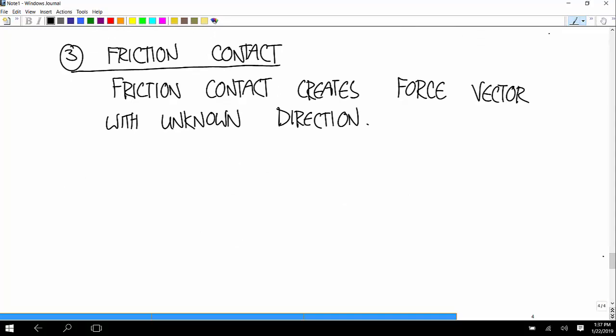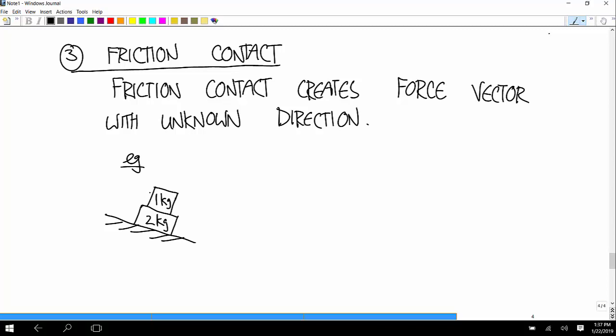So for example, let's say we have an incline with one box. Let's say this is 2 kilograms, and then there's a 1 kilogram box on top.